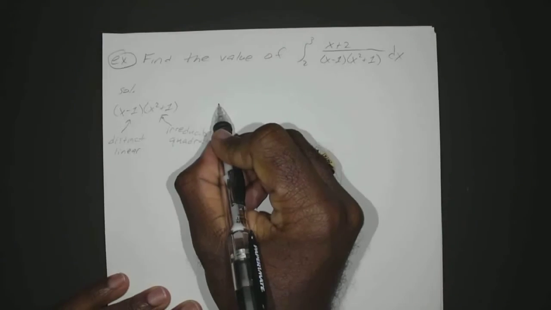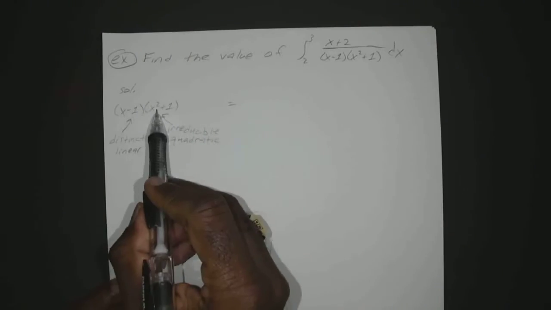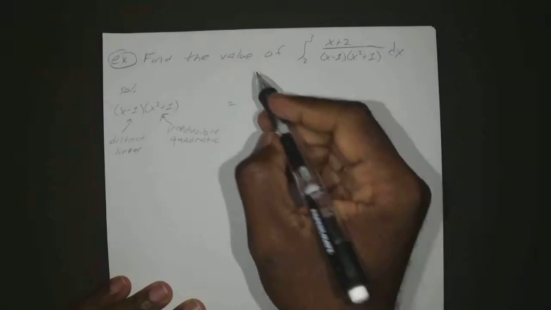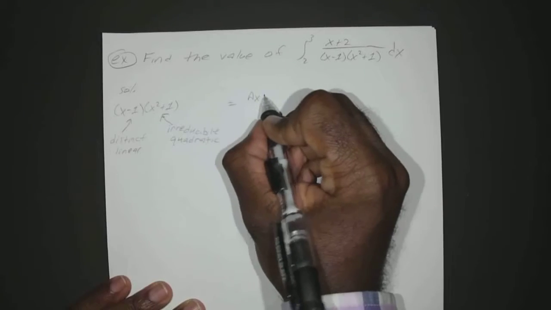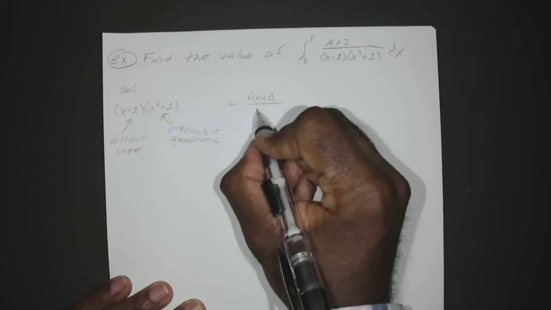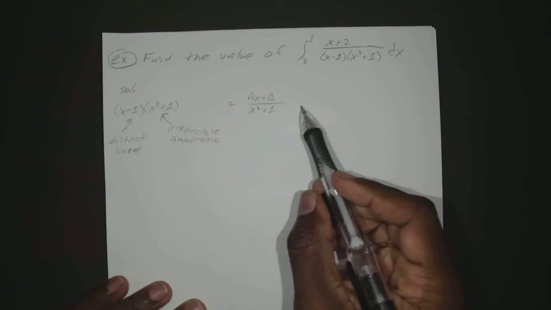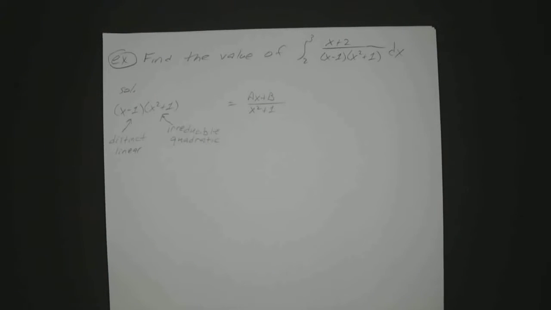So that means this is going to equal, for this one, it's just going to be ax plus b over x squared plus 1. And you don't have to use the cx plus d because it's only to the first power.